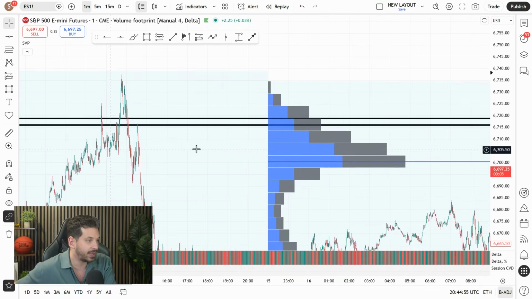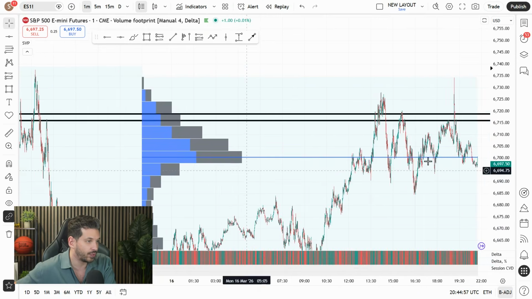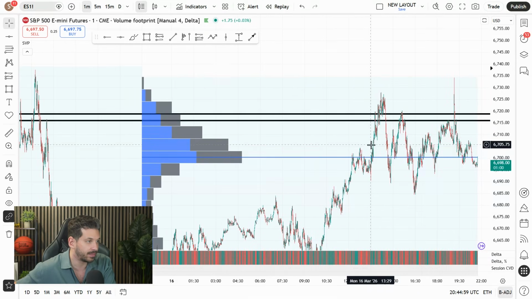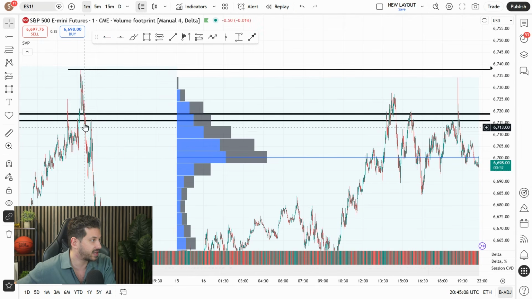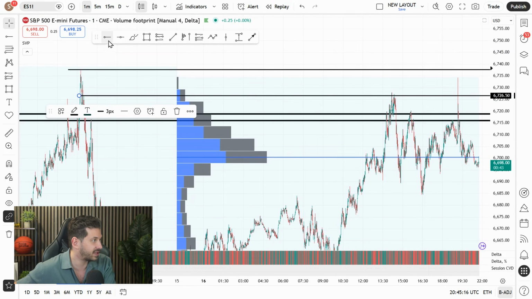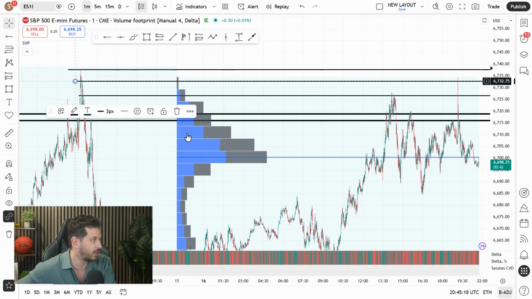If you were someone who bought on New York Open back down here, there's a good chance you would set your take profit there. There's obviously going to be a lot of take profits right at these highs, but also at these smaller highs here, and another one there. Any of these peaks, right? And there's another one there.